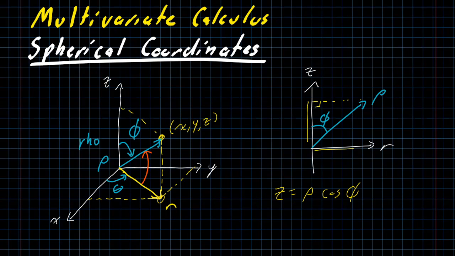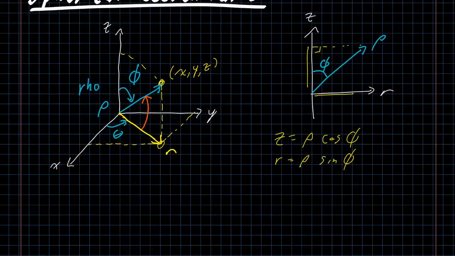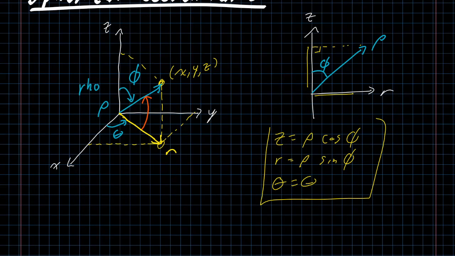And then r is opposite the angle, so that means that r is going to be rho times the sine of phi. And then the angle theta stays the same. And there's our conversion between spherical polar and cylindrical polar coordinates.